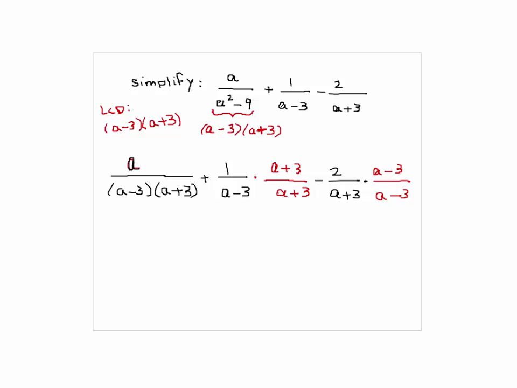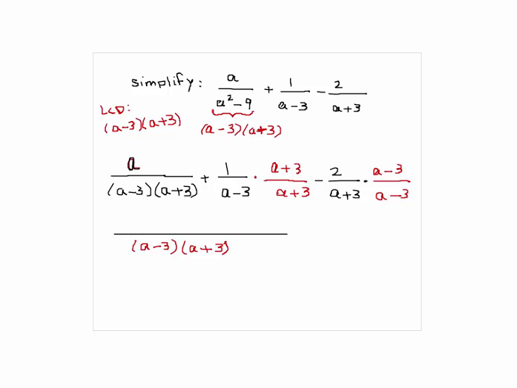So over here we have the LCD, the same as a minus 3 times a plus 3. Now I can add or subtract what I have at the top of the fraction.